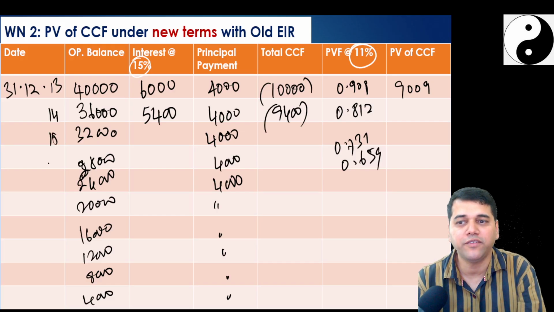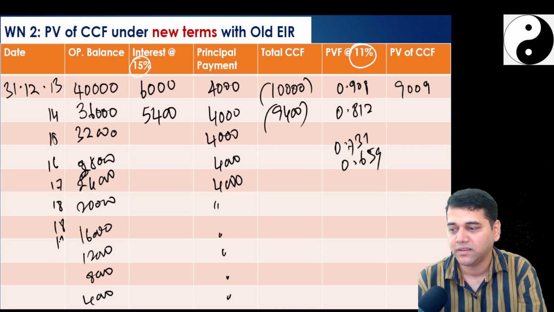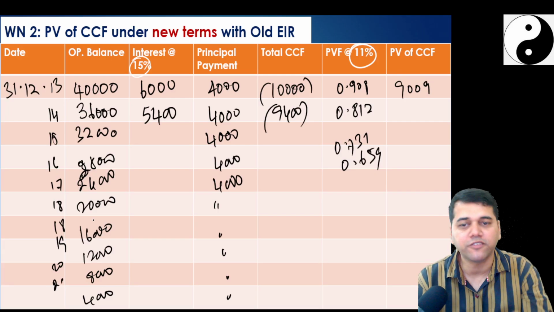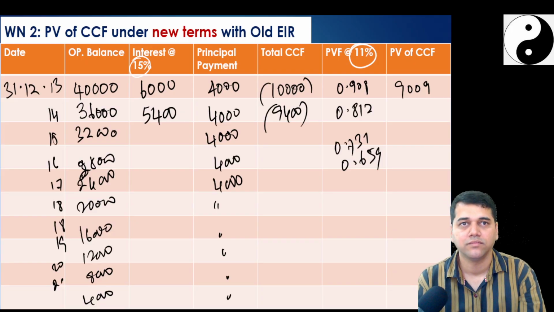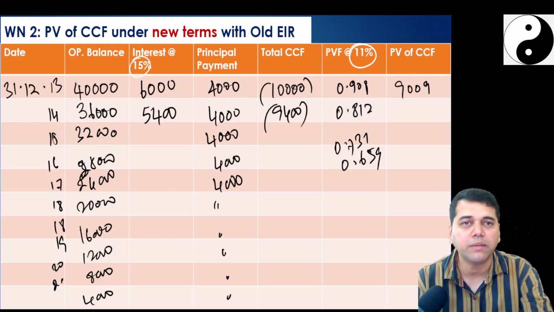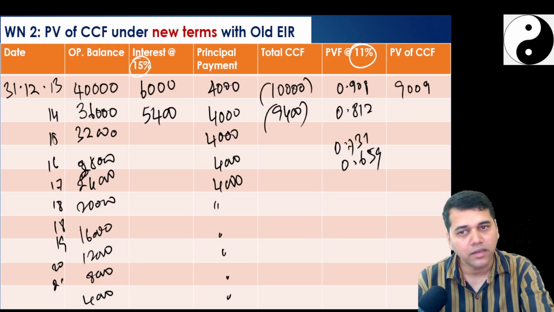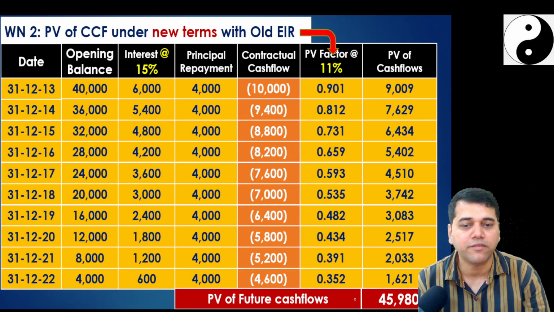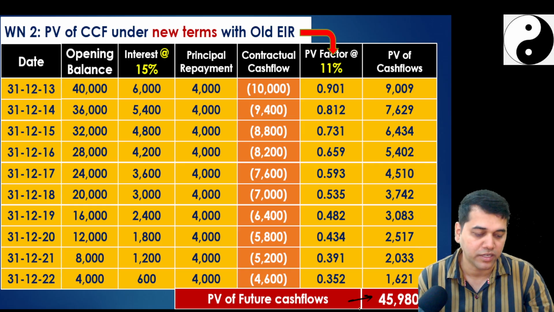The date also you can pre-fill. So this will be much faster, no? Once you pre-fill all these values, or otherwise you can do it one by one also, then you fill the other values and you get the present value of the future cash flows to be 45,980.